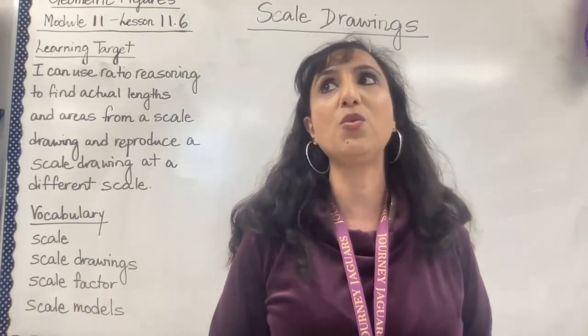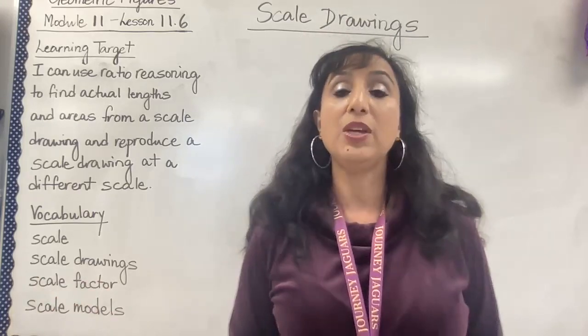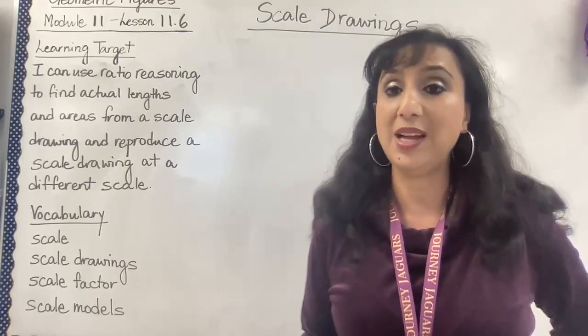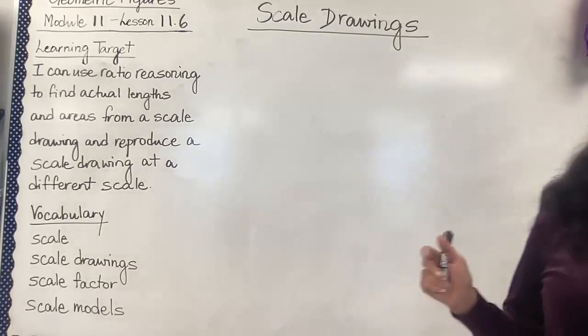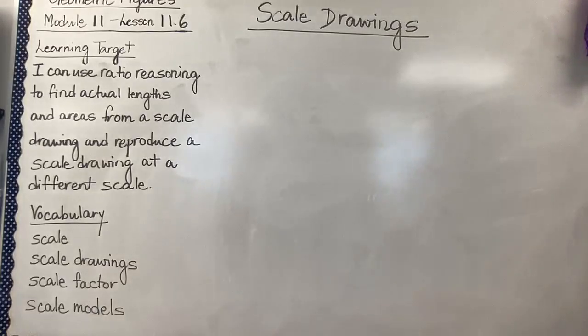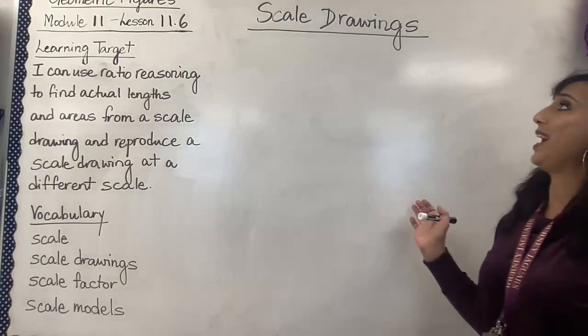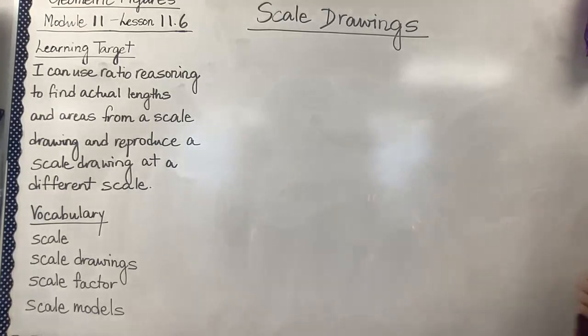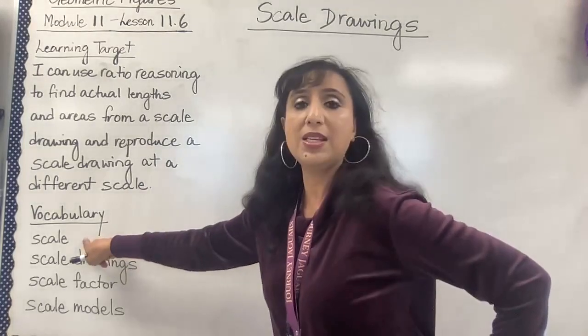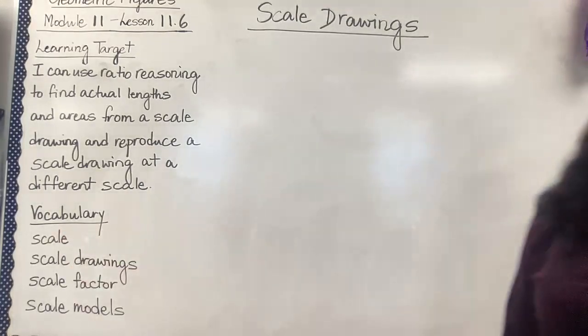So something which is too large or too small, you can make scale drawings or scale models of those objects. And it represents the objects that are too large or too small to be drawn or built at an actual size.